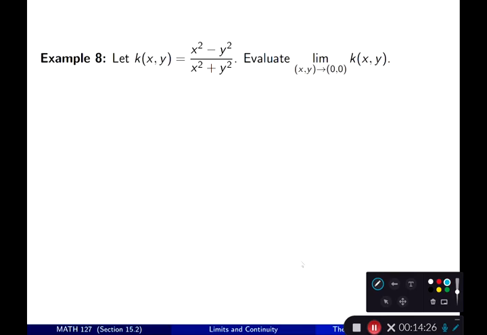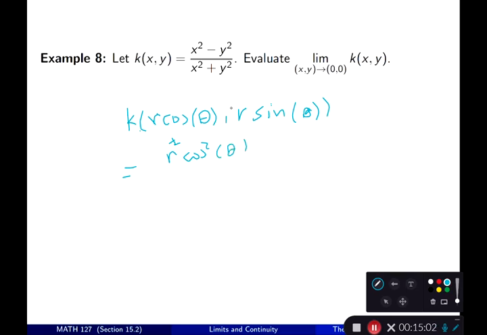And in this case, if I plug in k of r cosine theta and r sine theta, this is going to be r squared cosine squared theta minus r squared sine squared theta over r squared.